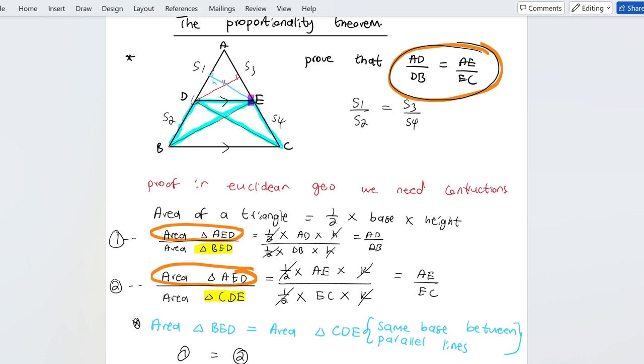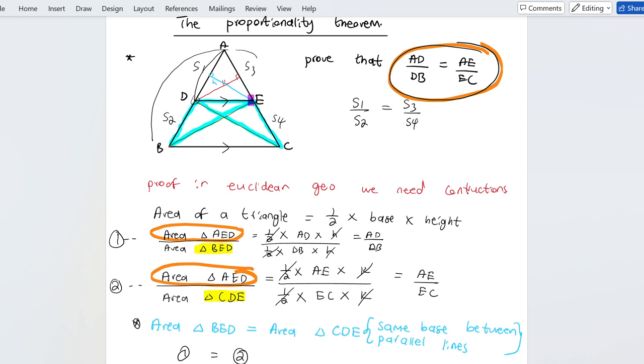Now, note that S1 is not equal to S3. We are not saying that S1 is equal to S3 or S2 is equal to S4. We are saying the ratio of those are equal. So I can take the first pair. If I take S1, I divide by S2, I'm going to have S3 divided by S4. Similarly, I can take this one side, divide by the whole of that.